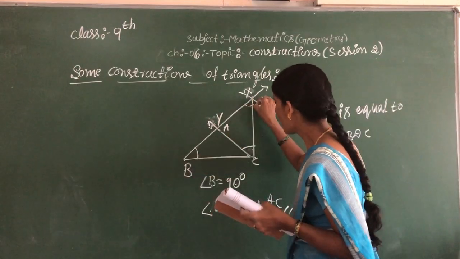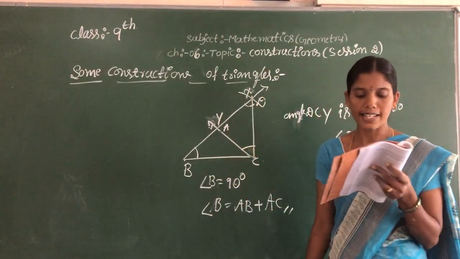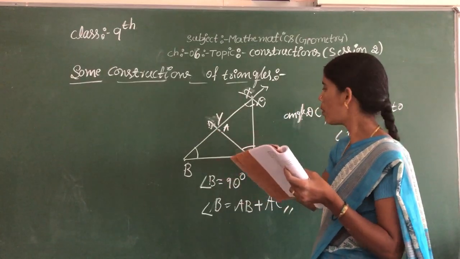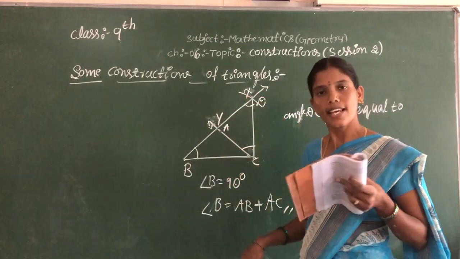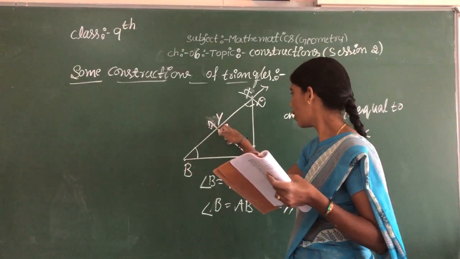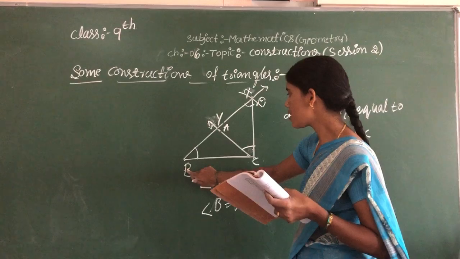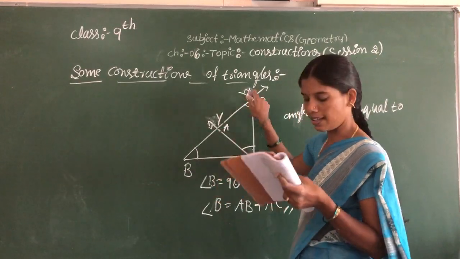Next, let CY intersect BX at a point. The intersecting point of CY with BX is A.